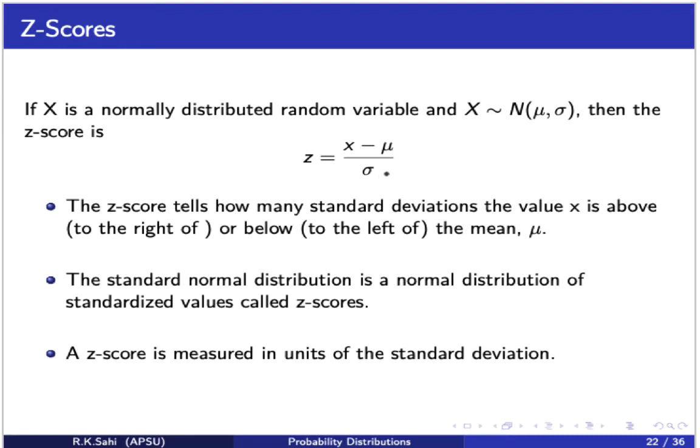And this is basically standardizing the normal distribution of X. So when we say the standard normal distribution, it is nothing but the normal distribution of standardized values called Z-scores. A Z-score is measured in units of the standard deviation, and a Z-score tells how many standard deviations the value X is above, which is to the right of the mean mu, or below, to the left of the mean mu. Let's look at some examples.